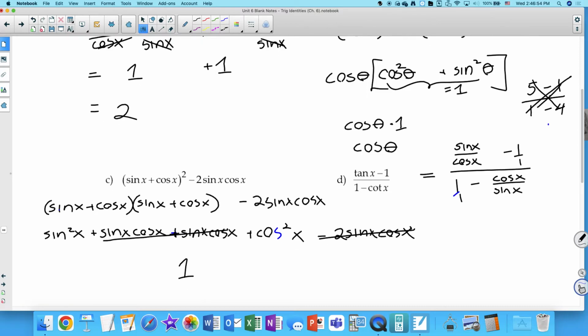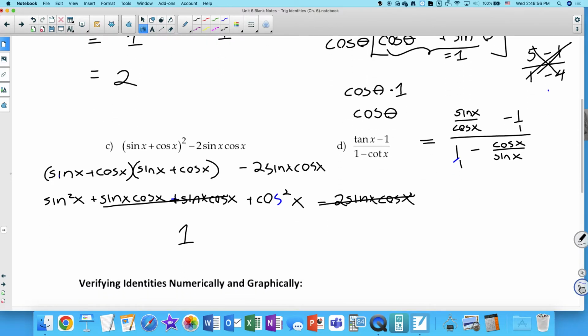Yeah, okay? So what I'm going to do here is I'm going to take this and multiply this by cosine x over cosine x. And I'll take this one, the denominator in the bottom is sine, so I'll multiply this by sine x over sine x. Okay? And then what I end up with is in here, I now have a single denominator in the numerator.